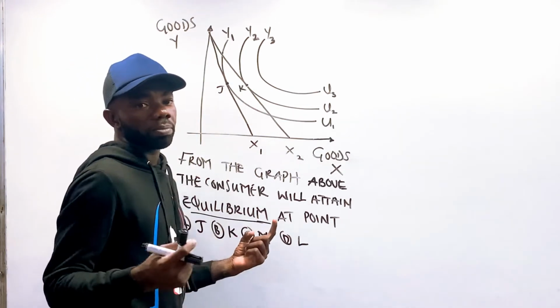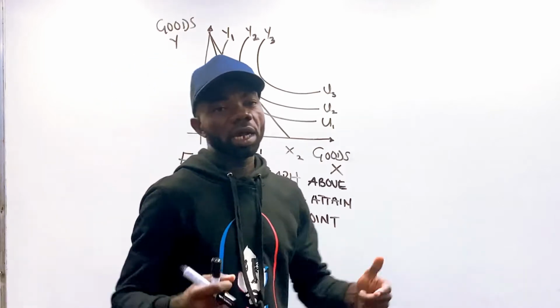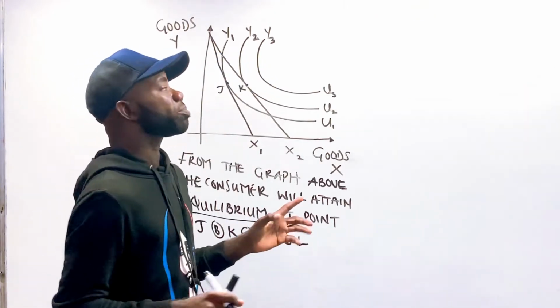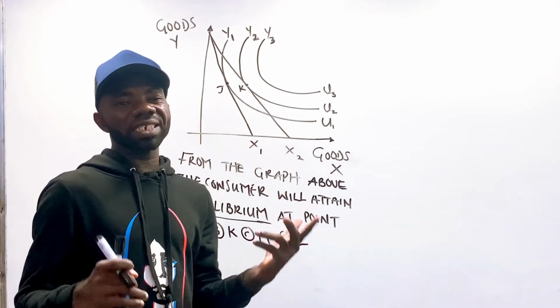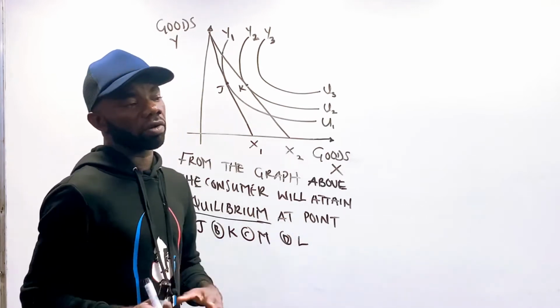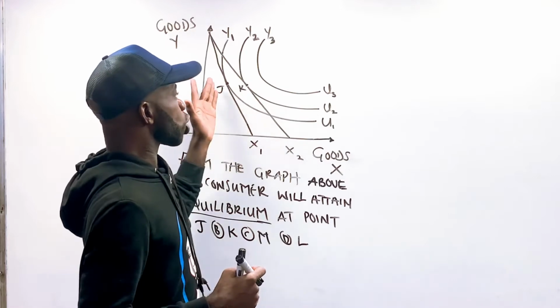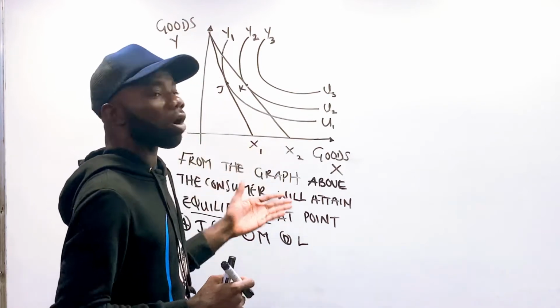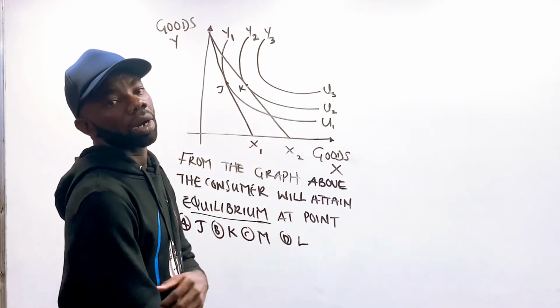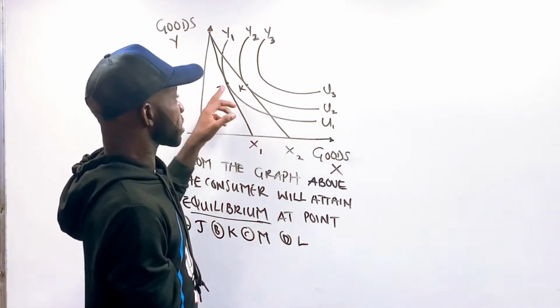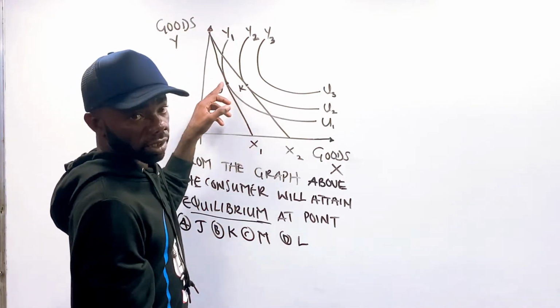The equilibrium of a consumer is always at a point where the budget line is tangent to the indifference curve. Tangent to the indifference curve, I mean where the budget line cuts the indifference curve at the lowest or minimum point.